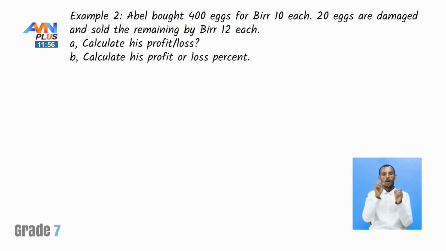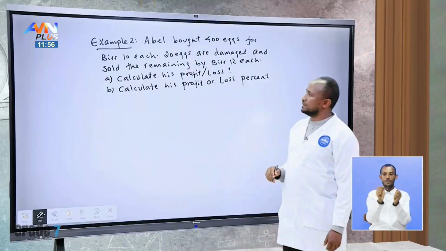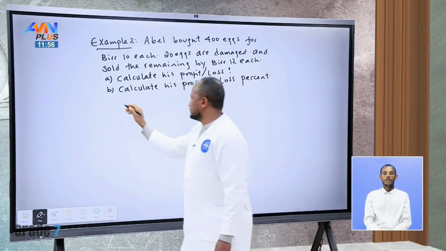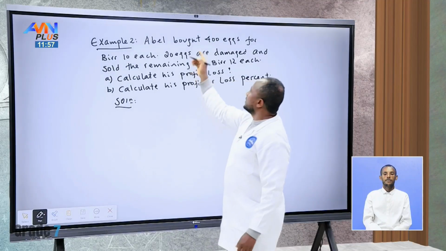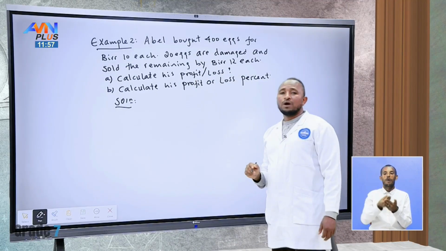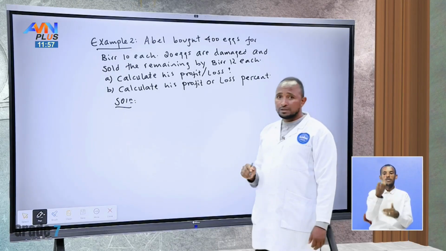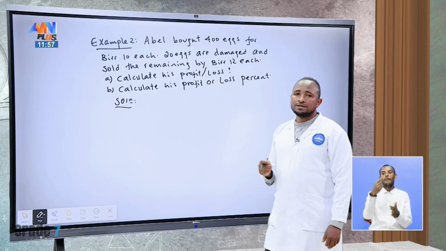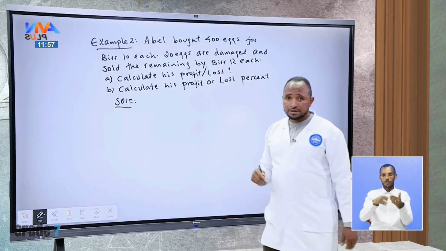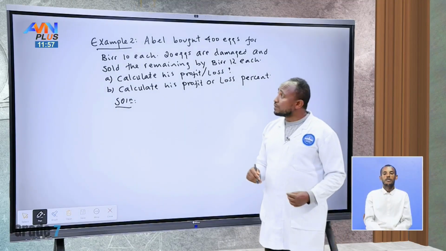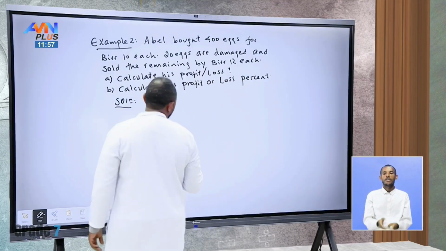Okay. Now, let's try this question together. Solution. Abel bought how many eggs? 400 eggs. What is the cost of each? The cost of each is 10 birr. That means the cost of one egg is 10 birr. Therefore, the cost of 400 eggs is the product of 400 and 10. So here, let's first put the cost price.